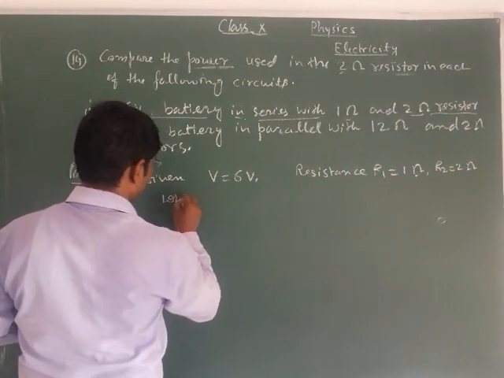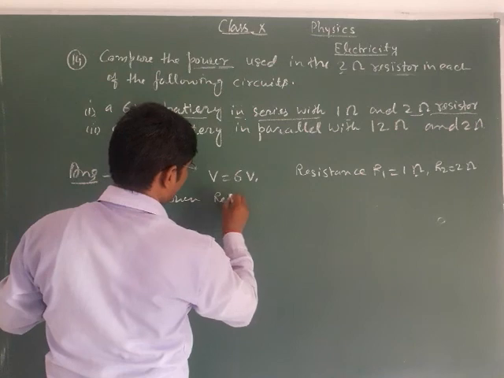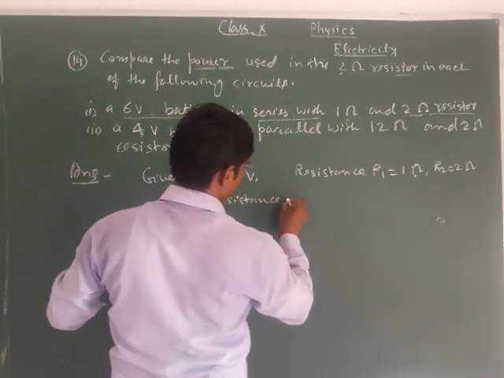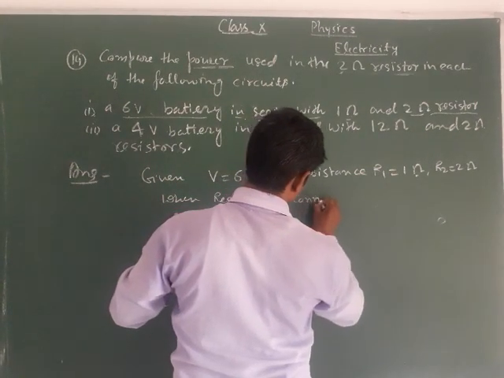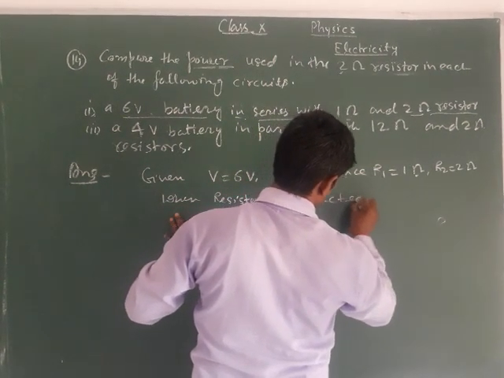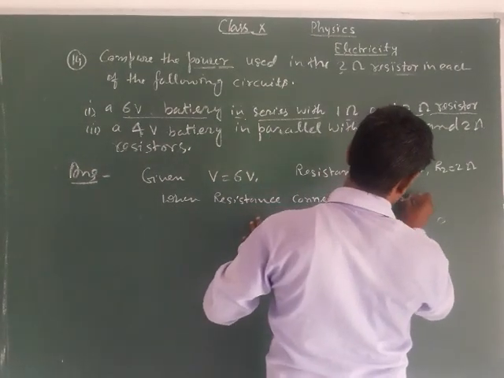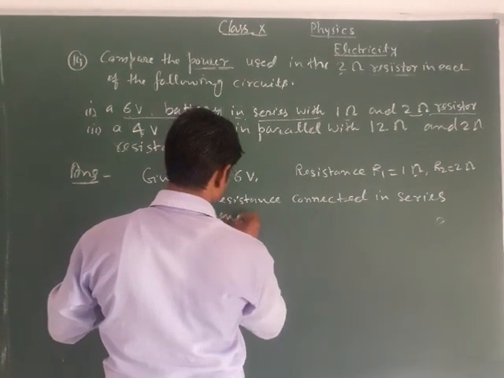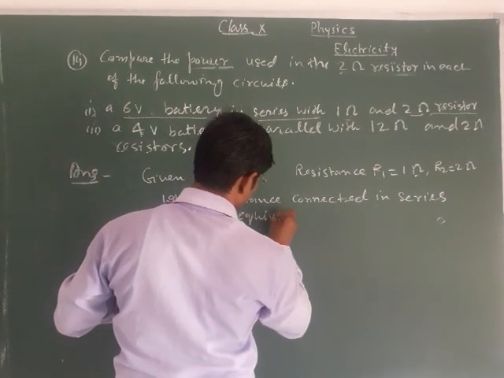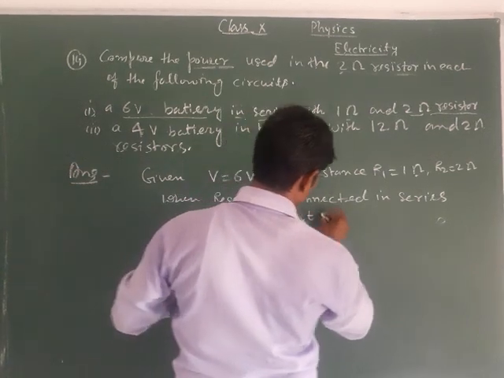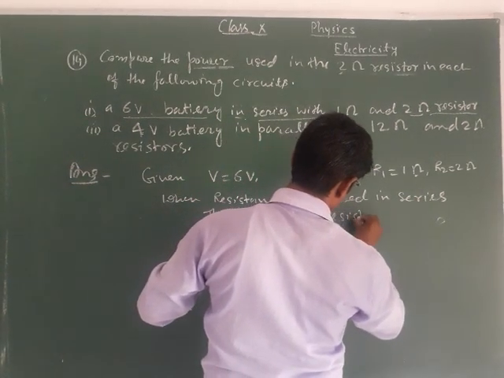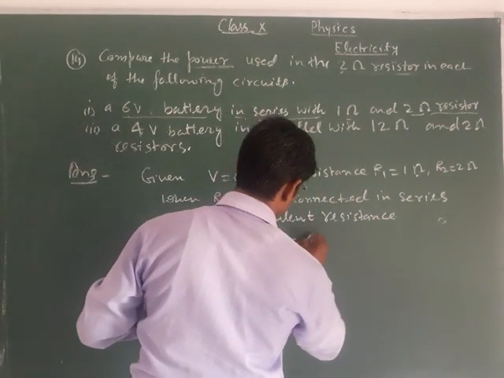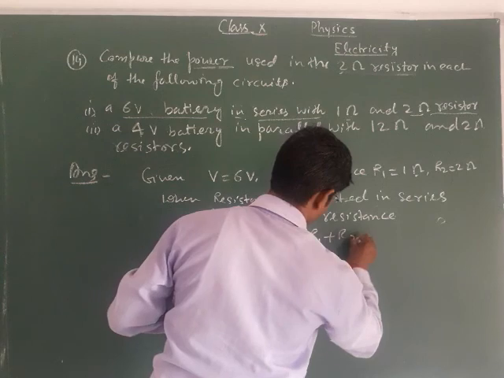When resistances are connected in series, then equivalent resistance RS is equal to R1 plus R2.